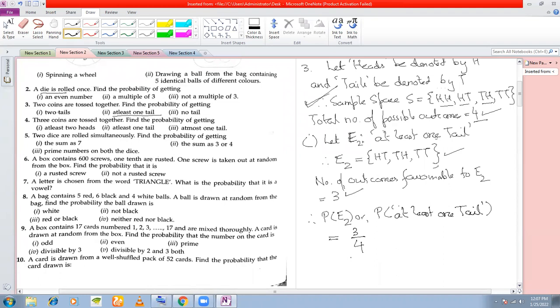Is this clear? Yes, sir. We have to write this as P(at least one tail). You can either write this or you can write this, any one. I'm showing you both ways.